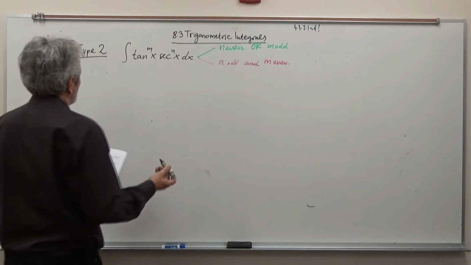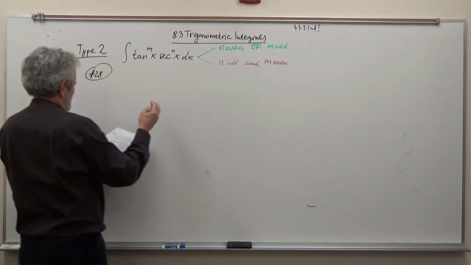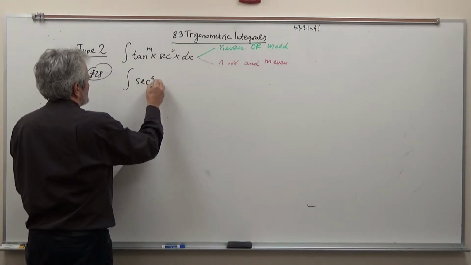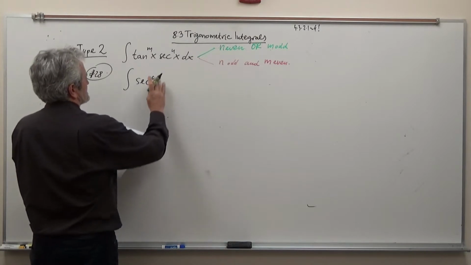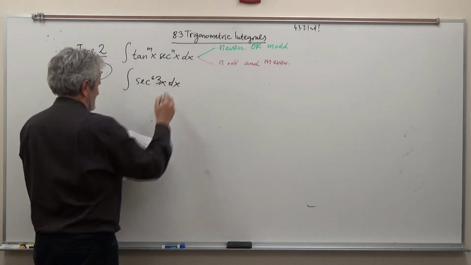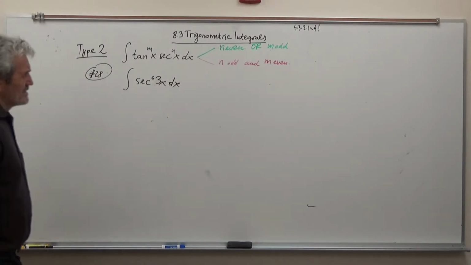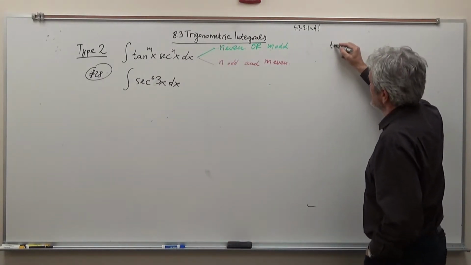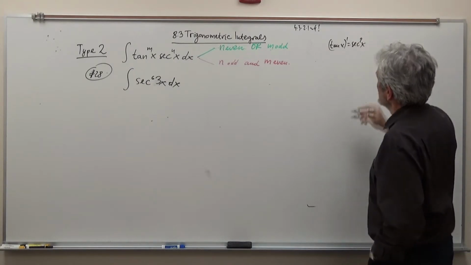So here's an example, and you'll see why we like it that way. Number 28, integral of secant to the 6, 3x dx. In general, the main reason why this works the way it works is that tan x prime is secant squared x.